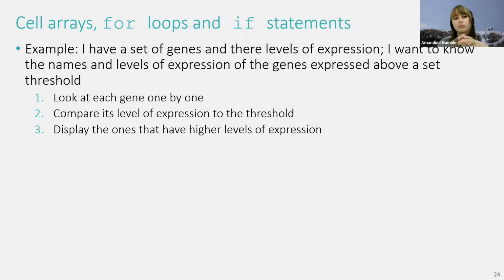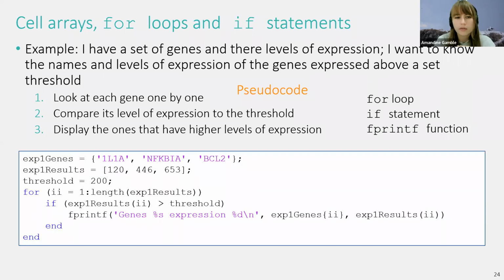And then we're going to display the ones that have a higher level of expression compared to the threshold. So what I just said is that we need a for loop within which we have an if statement, and in this if statement we're going to use the disp or fprintf function. That's what we call pseudocode, where you are already pre-coding in your mind, but just with words instead of command lines: for loop, if statement, and fprintf.